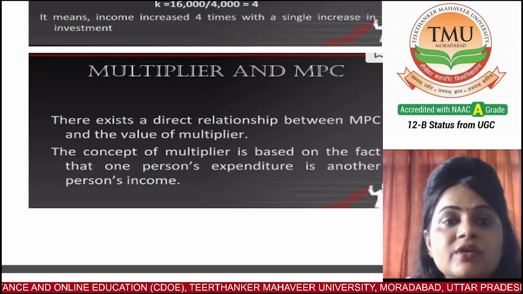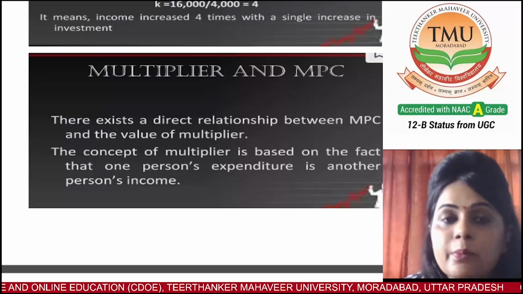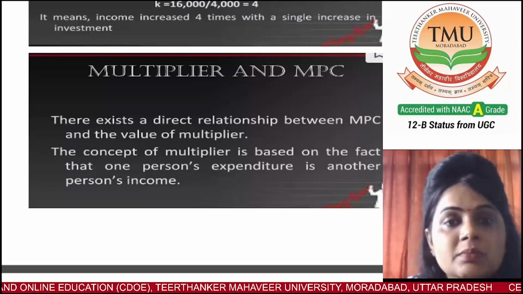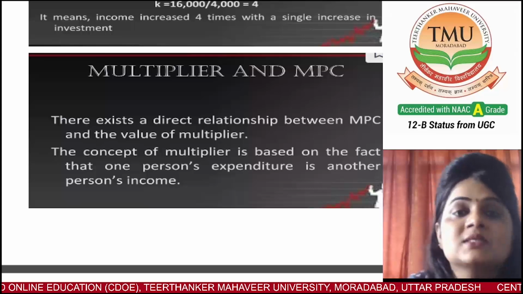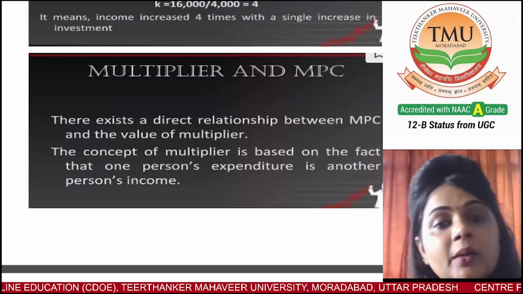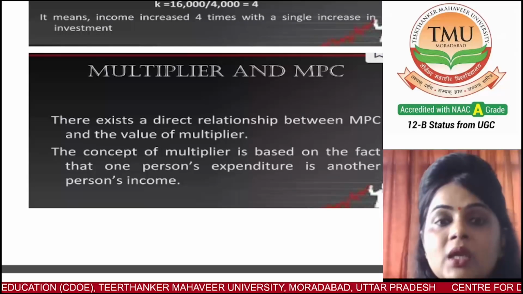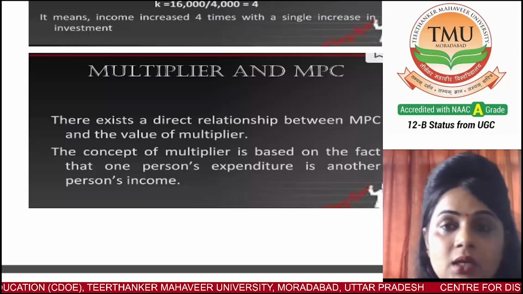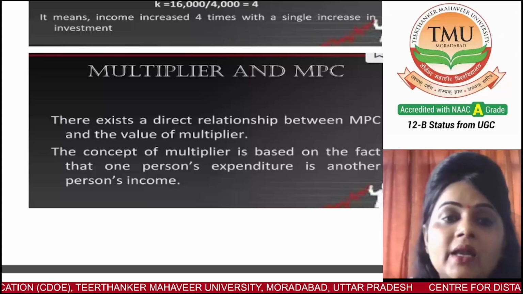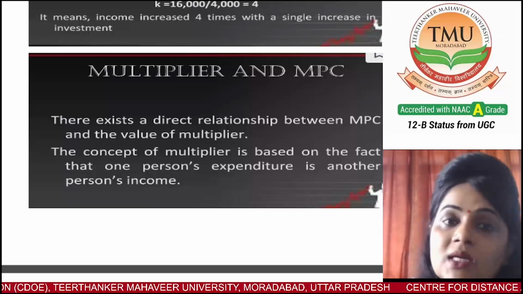Increase in investment increases income of the people, a portion of which is used by people for consumption. The value of MPC determines how much of the new income is to be spent on consumption. People will spend a large portion of their increased income on consumption.